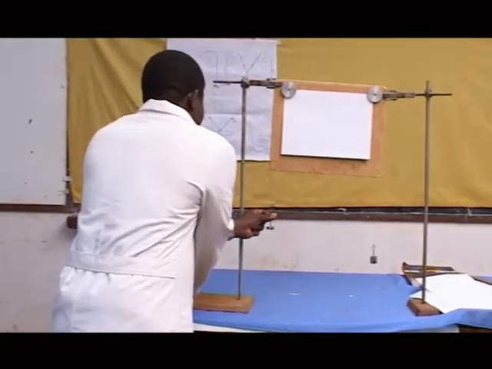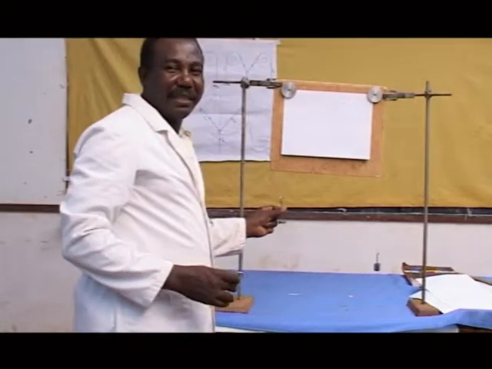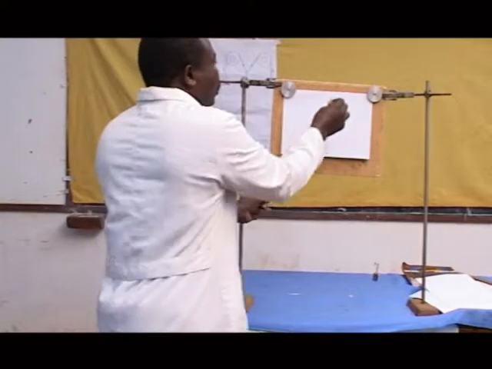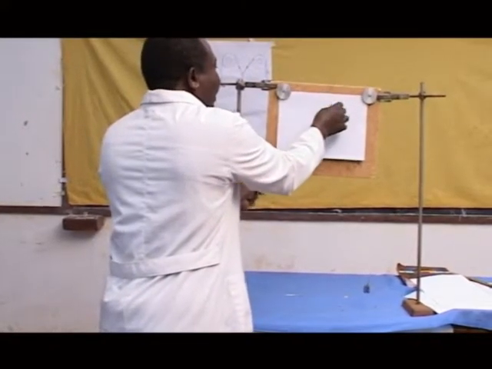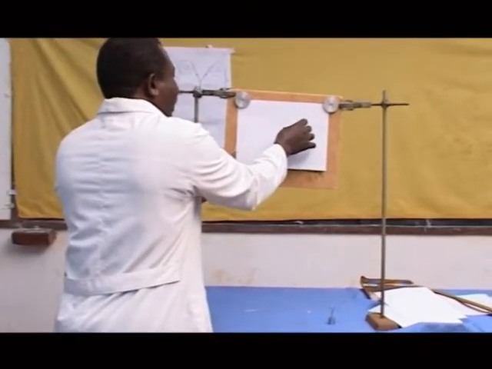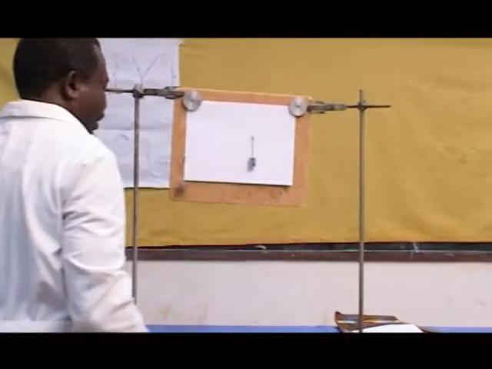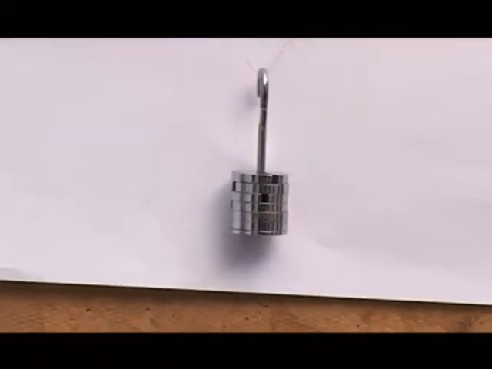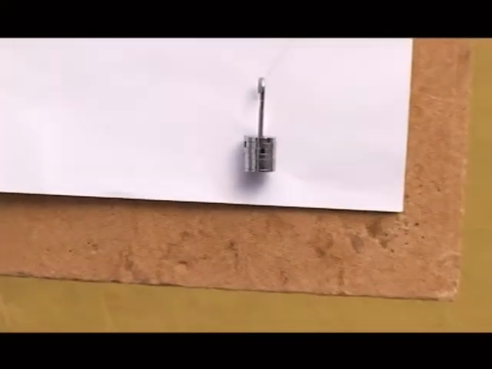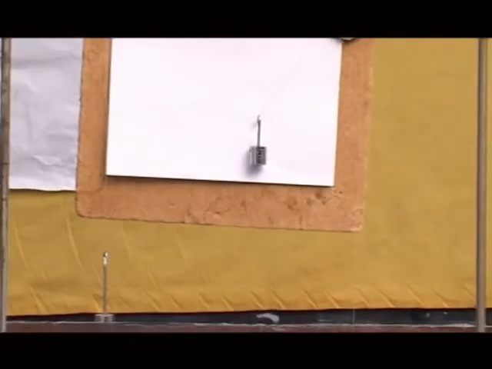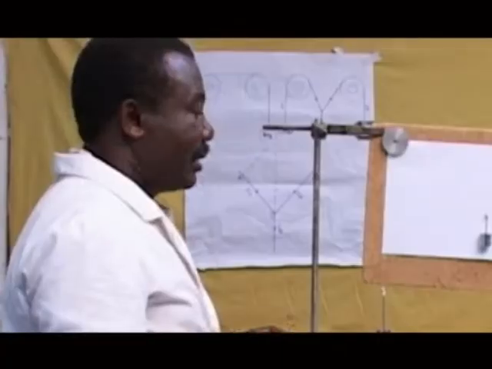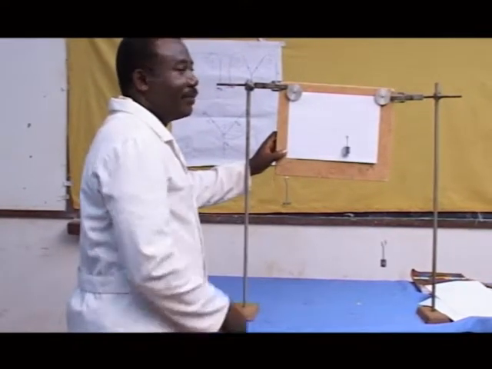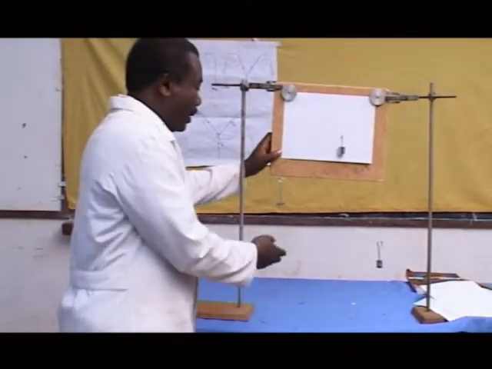Suspend 70 grams at the middle of the 2 pulleys and allow it to swing freely until it is settled. Check by lifting both masses and see if they will settle at the same point.